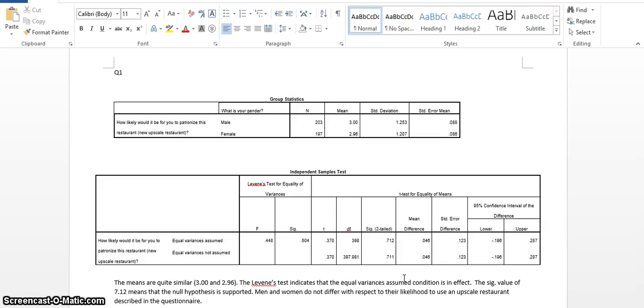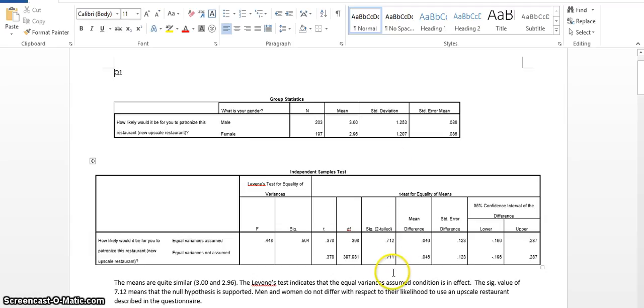So if it's above 0.01 or 0.05, then that means it's not significant. When it's not significant, that means that there's no difference between the two groups being compared. The two groups being compared here are the male and the female customers.